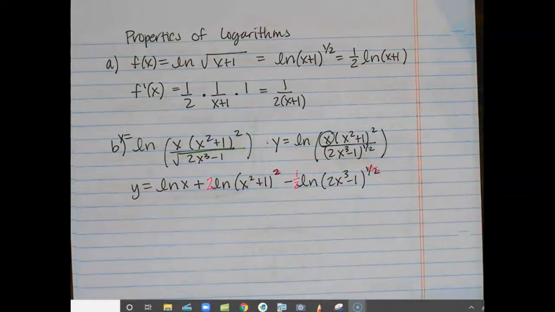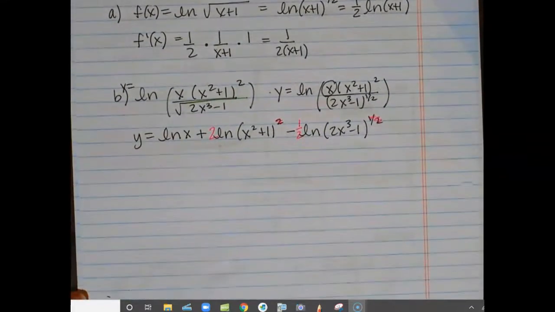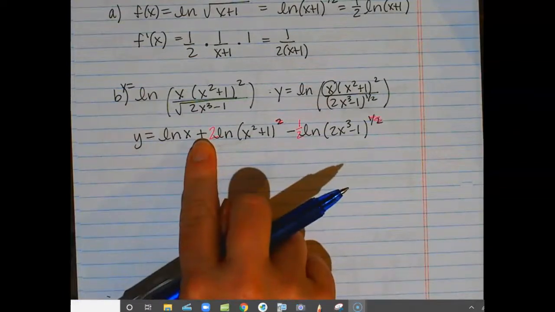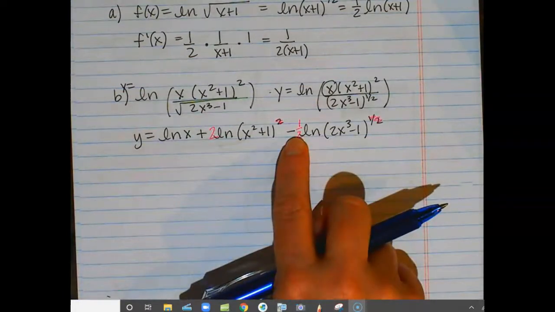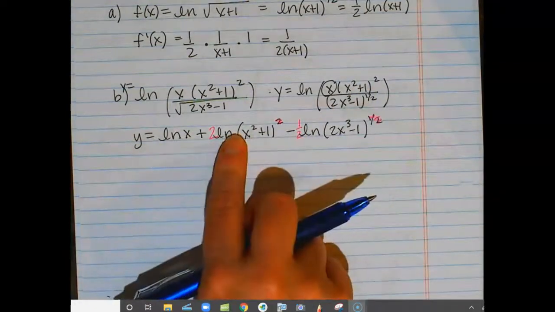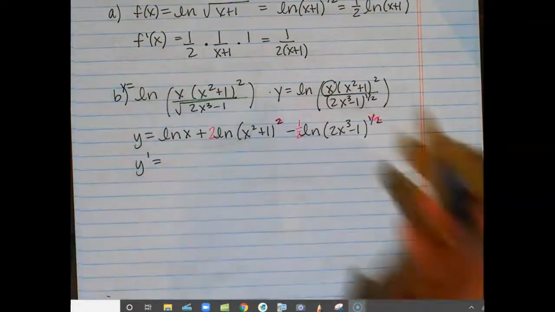So since logarithms are exponents, we think about those rules with how exponents work. When you have the same base, you add the exponents, and you subtract if that's division. When you divide, you subtract, and when you multiply, you add. So anyway, we're going to now take the derivative of each piece.